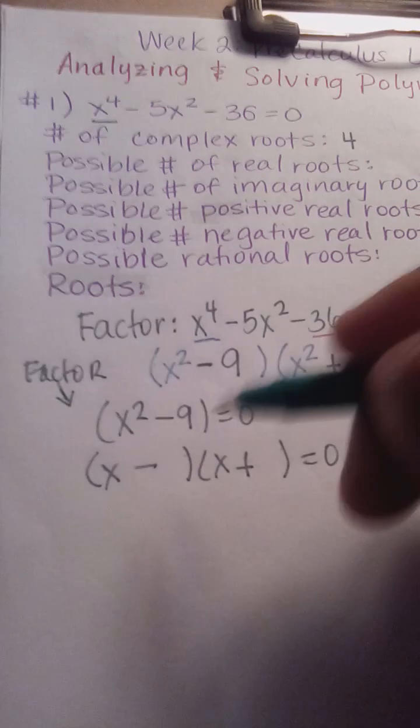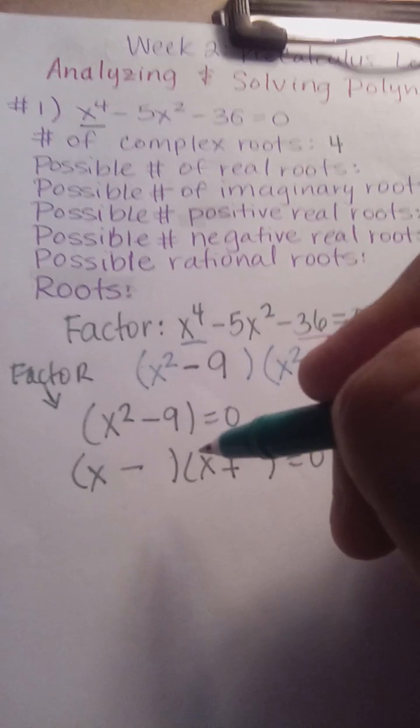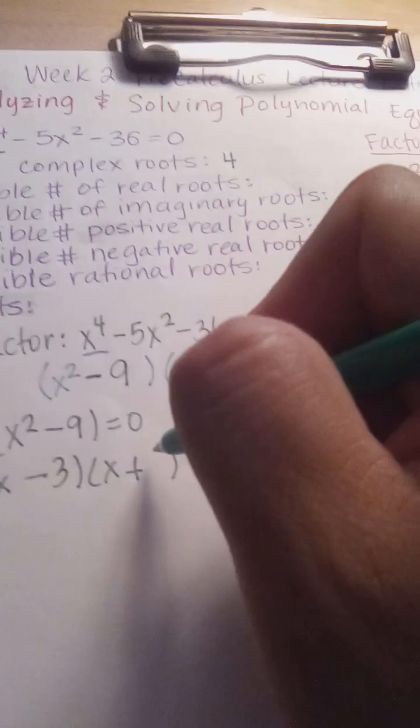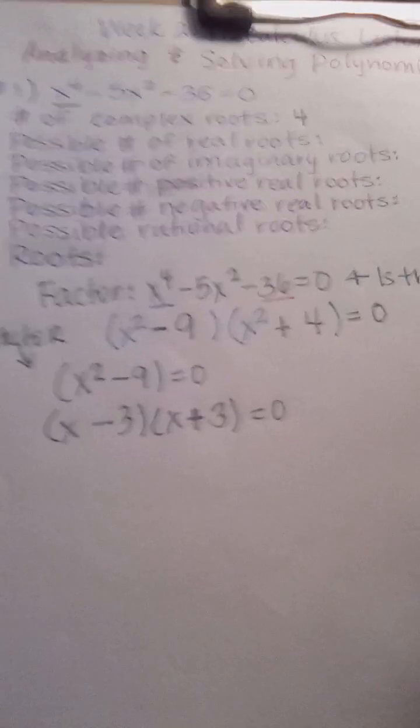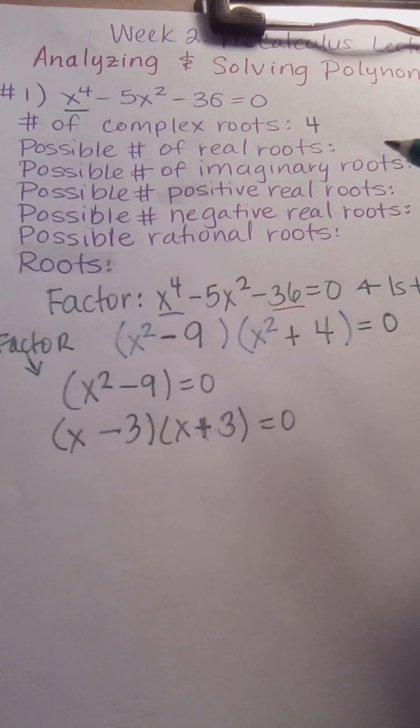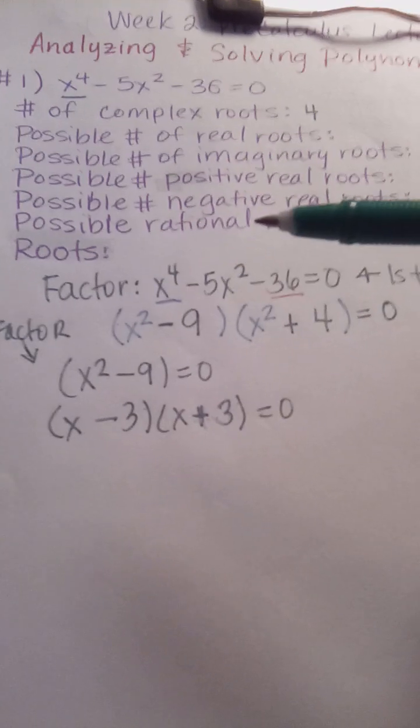Which number do you think? What's the square root of 9? 3, right? 3 times 3 equals 9. So far so good. Let me make this much clearer because it looks like it's all together, but it's not. There you go, folks. Any questions so far on this part?